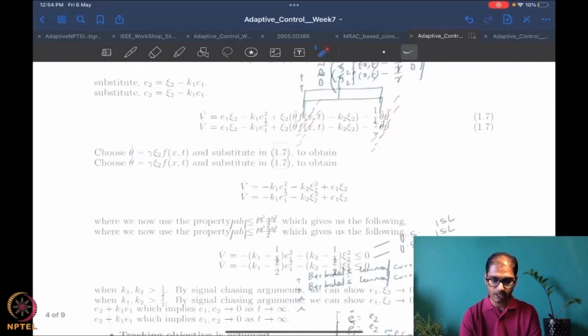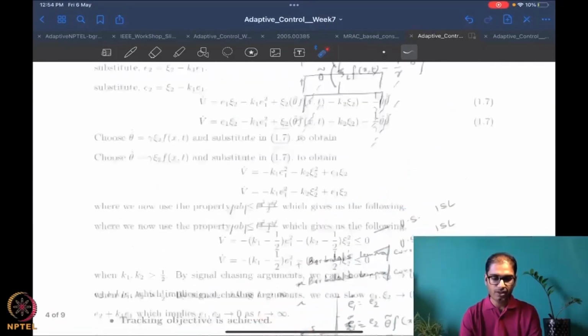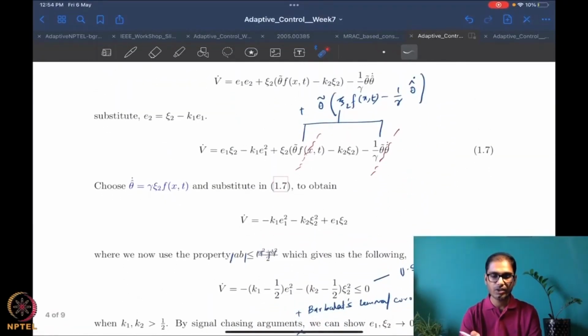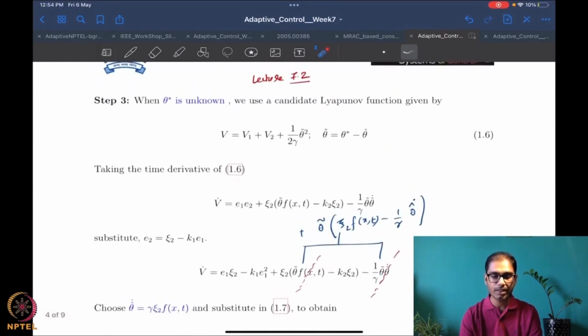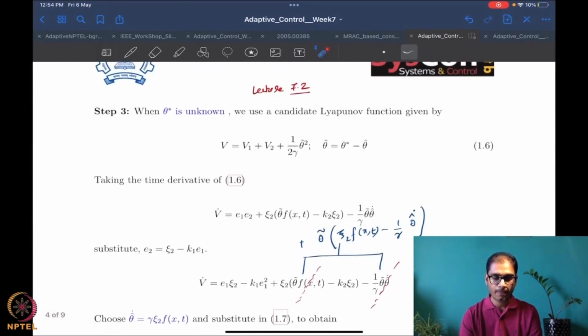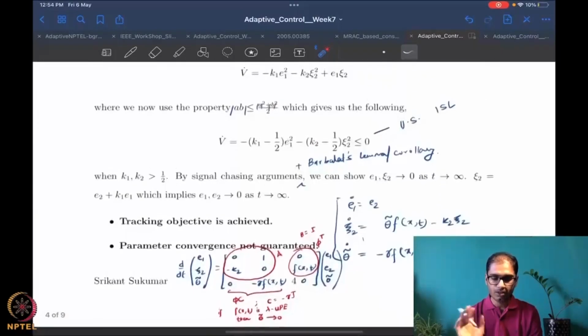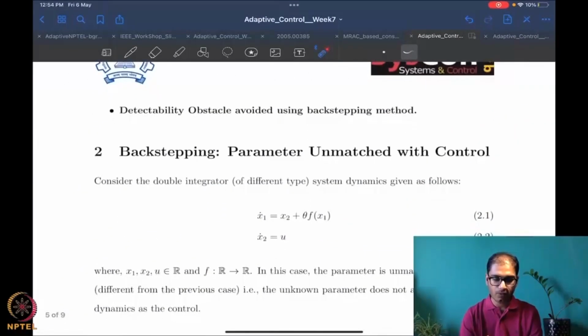I hope that's evident. So we have this adaptive result using adaptive backstepping. Now, one of the things we are able to do is claim that the detectability obstacle was avoided. Why?